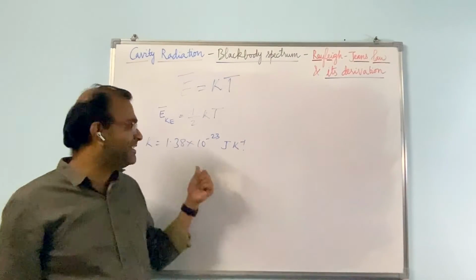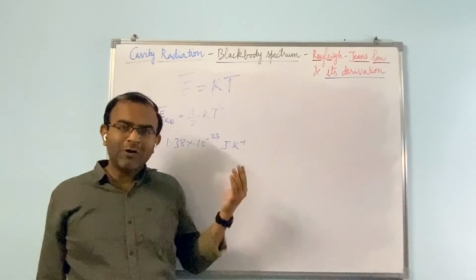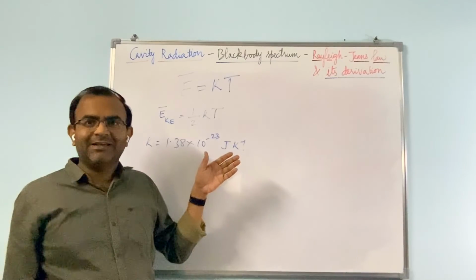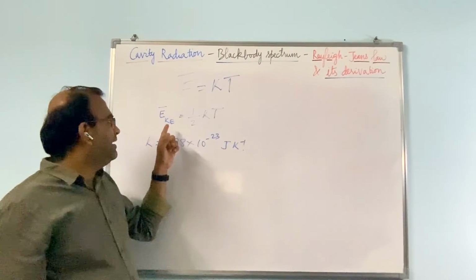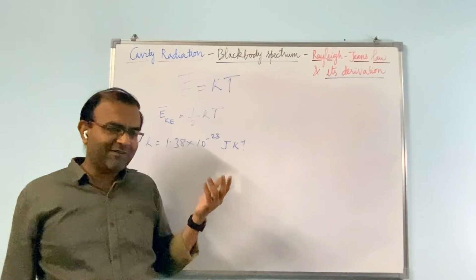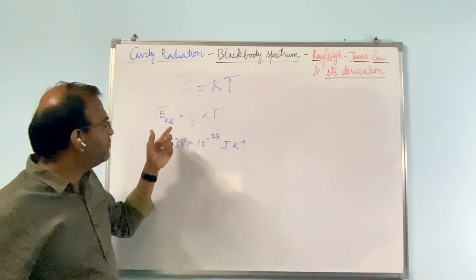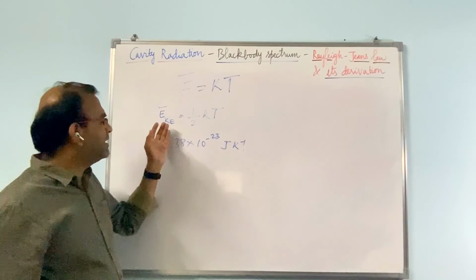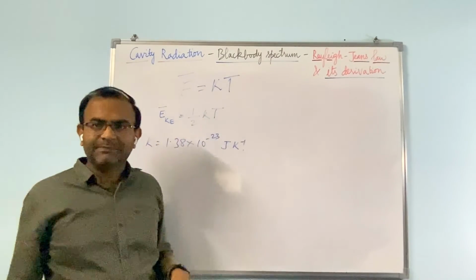In such systems where the average kinetic energy is half kT, the total energy is twice the kinetic energy, because for systems containing 1 degree of freedom, the total energy is twice the average kinetic energy. For example, even in the case of a pendulum or a spring, there is only 1 degree of freedom there, and the law of equipartition predicts that the average energy is kT.